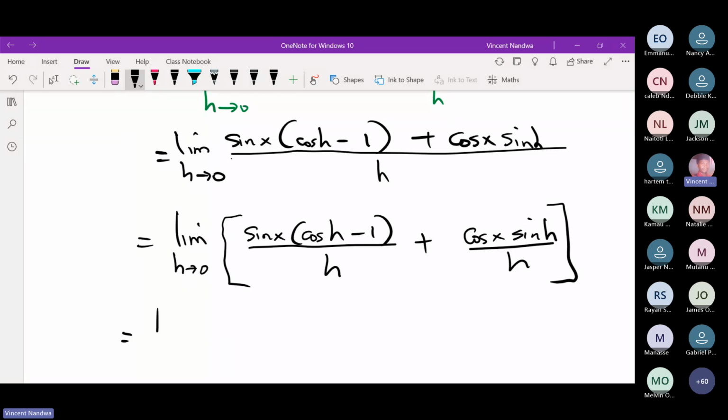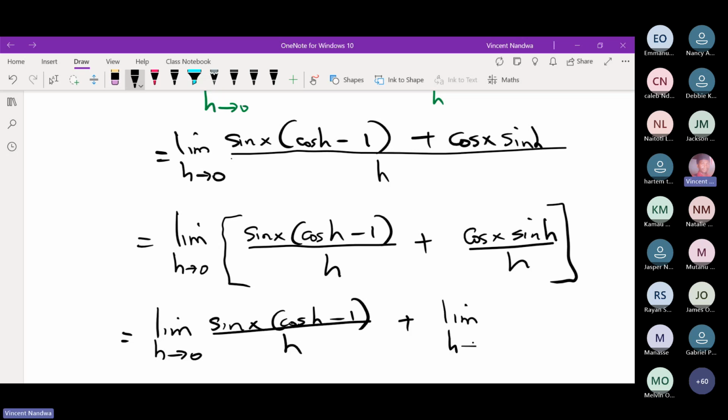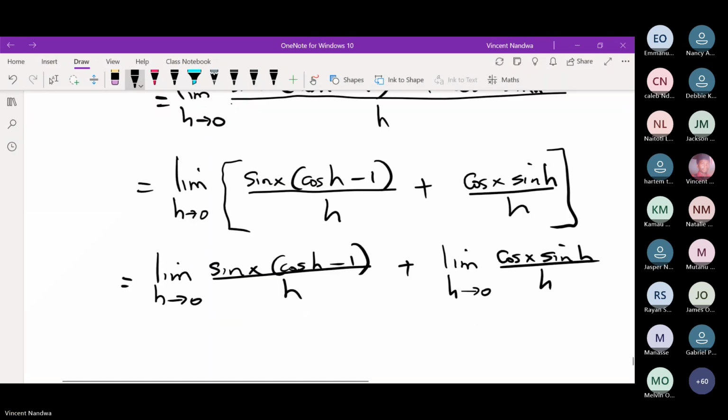You can write this as the limit as h approaches 0 of sine x into cos h minus 1 divided by h, plus the limit as h approaches 0 of cosine of x sine h divided by h. So just using limit properties.